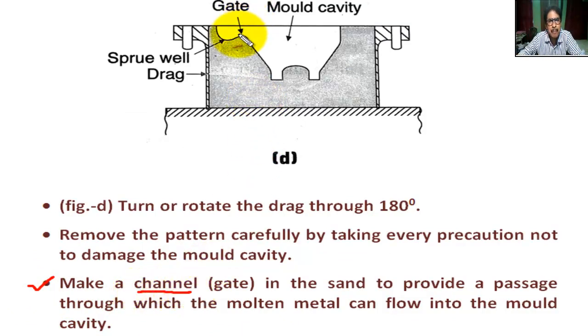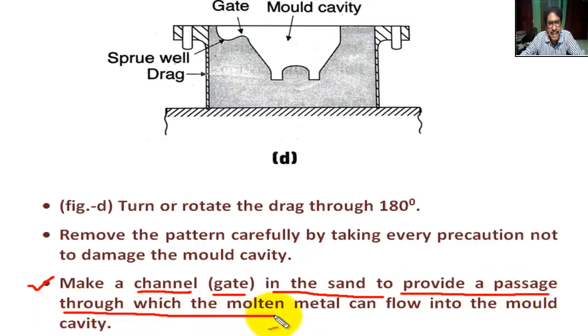Make a channel. Make a channel means this channel. This is called the gate in the sand, to provide a passage through which the molten metal can flow into the mold cavity.